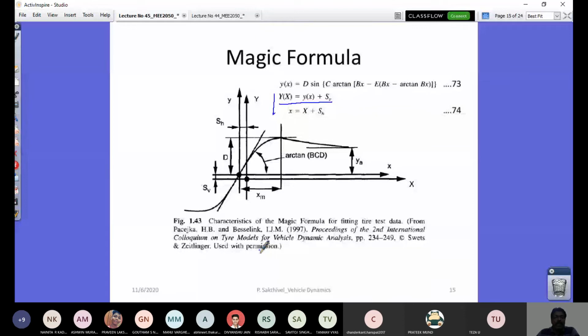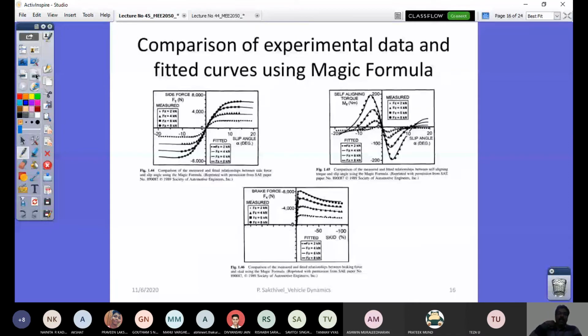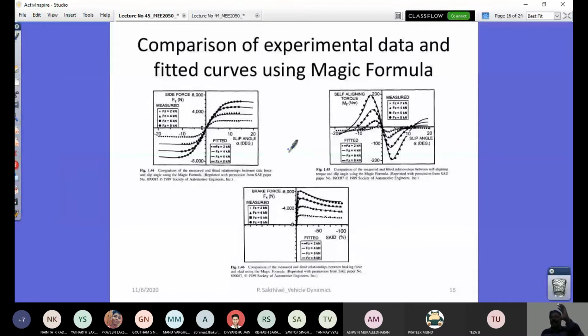So let's proceed further. Now it's very simple. I'm not going to explain much. Rather, I would say how these coefficients are determined for this particular case of magic formula consideration. So look at that. This formula could help you now to plot this variation in your loads.